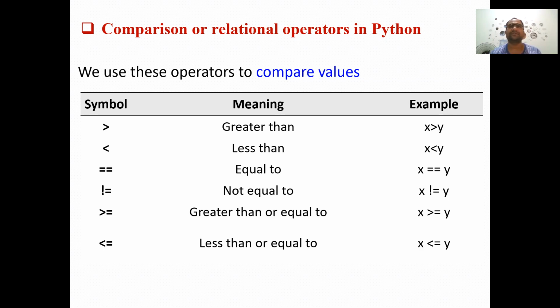We use these operators to compare values. The comparison of relational operators we usually use to compare values. So say for example, if we want to compare like x is greater than y, or x is less than y, or x is equal to y, or x is not equal to y, or x is greater than or equal to y, or less than or equal to y.